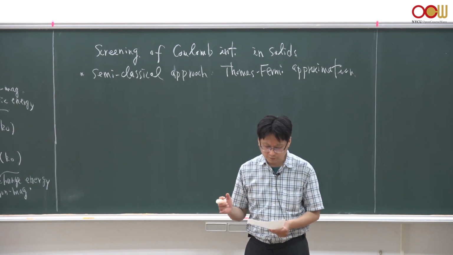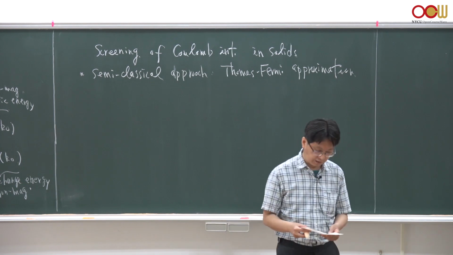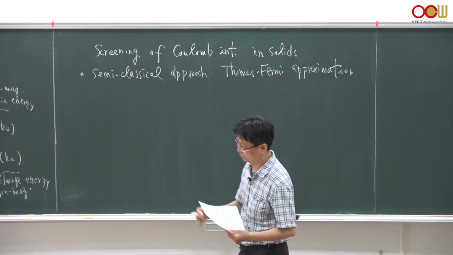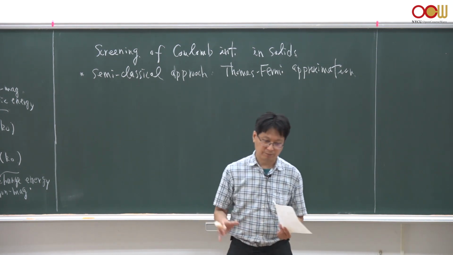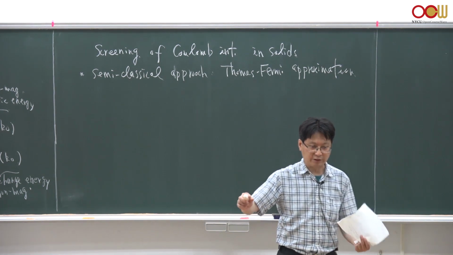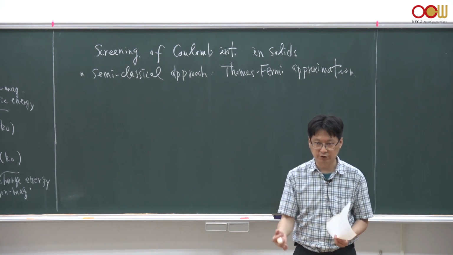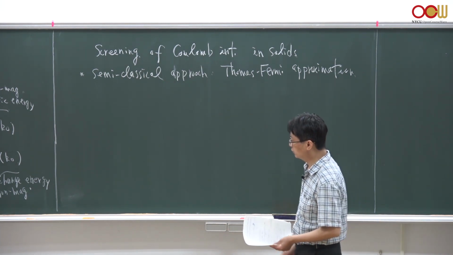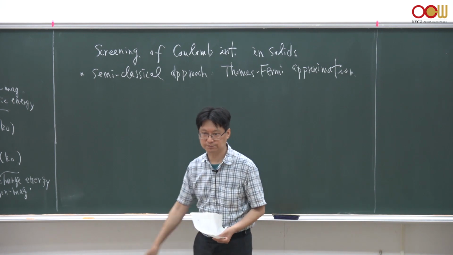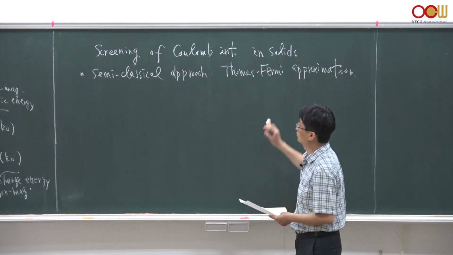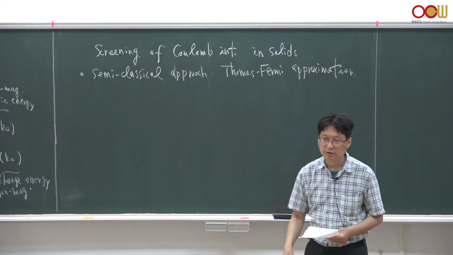Of course, this phenomenon at the classical level is known: if there are some charged particles in between two isolated charges, this will reduce the Coulomb potential between these two isolated charges. We know that already, but here we are talking about a quantum mechanical system.